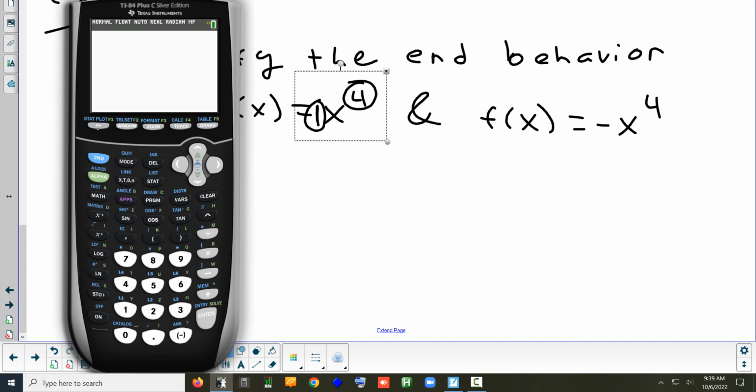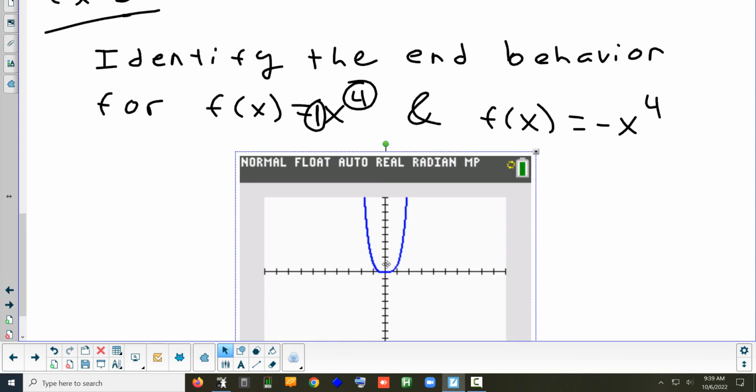Let's graph it, just to double check. But, as I said, y equals x to the fourth, end behavior is up, up. So one way we could write it is just like that.